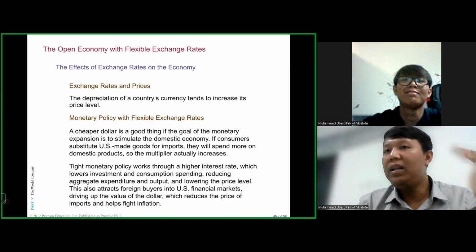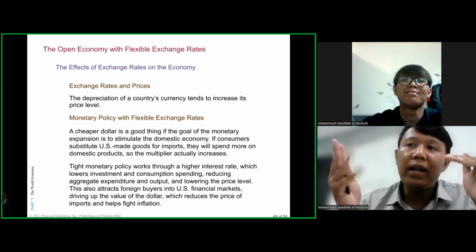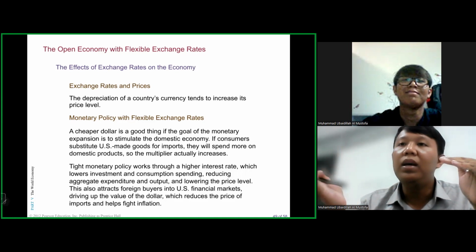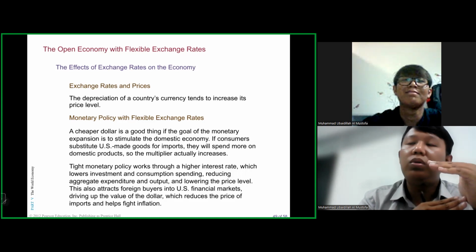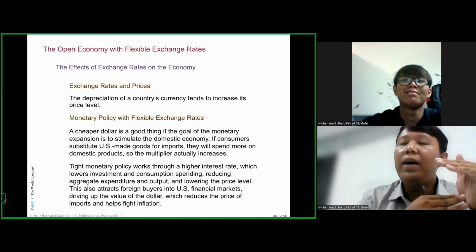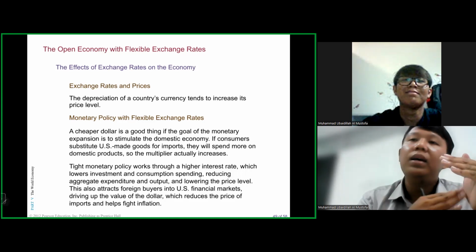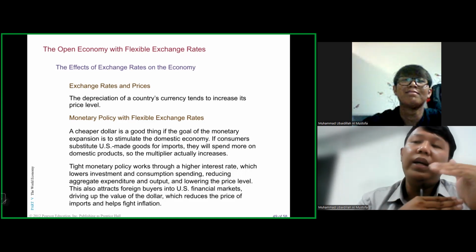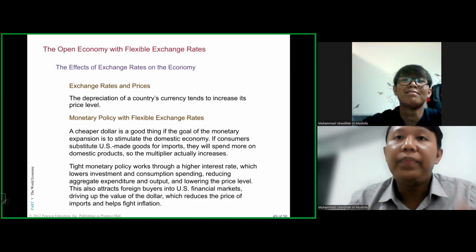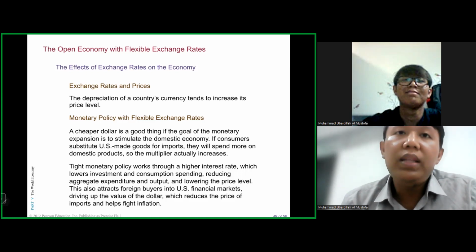Because when we have a higher interest rate, nobody wants to spend or invest; they will just put their money in the bank to get a higher interest rate, so reducing the aggregate expenditure and output and lowering the price level.